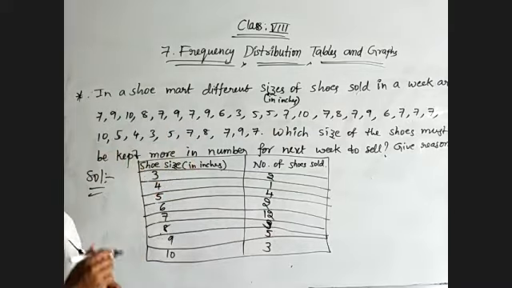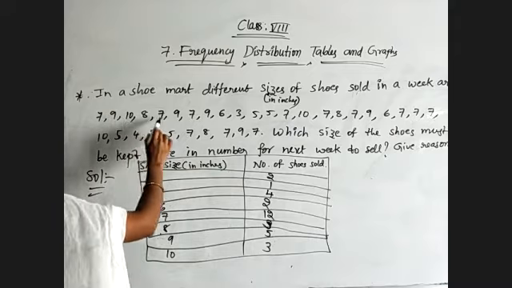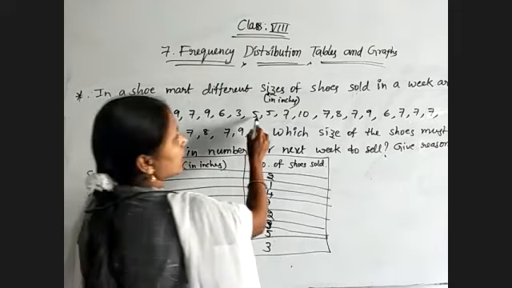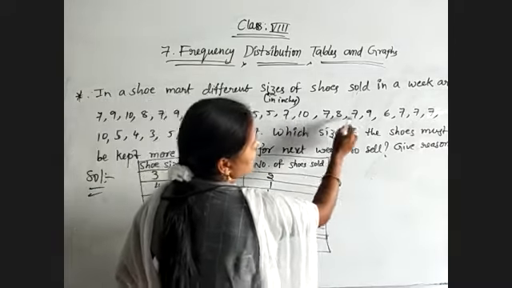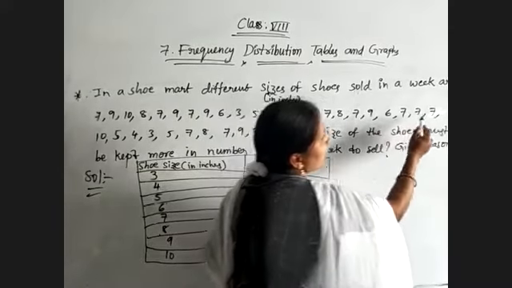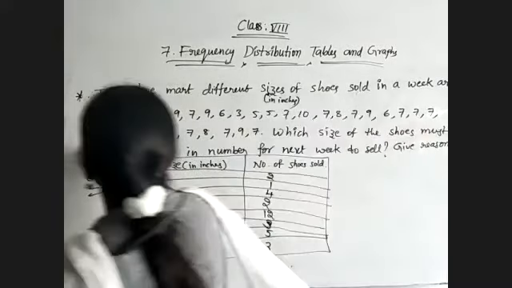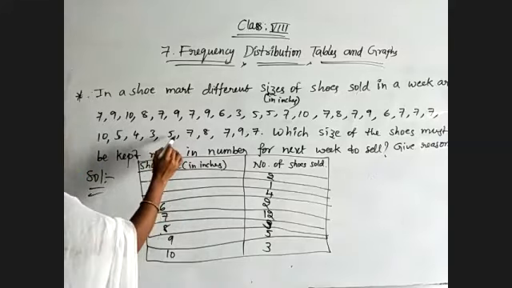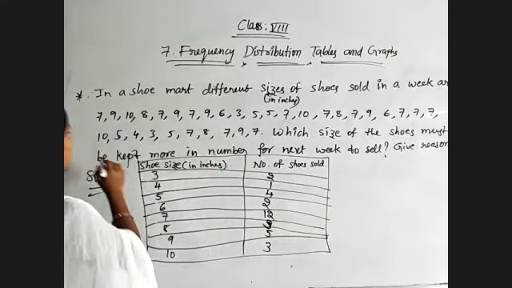So just count how many observations are there in the given data. One, two, three, up to thirty-two. 32 observations are there.